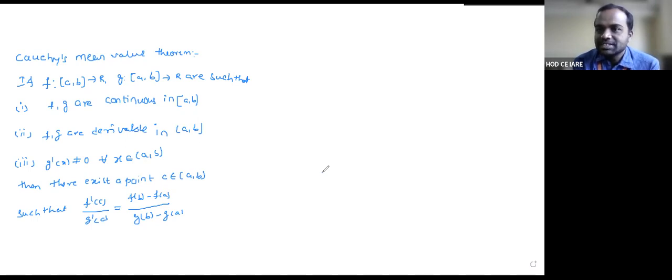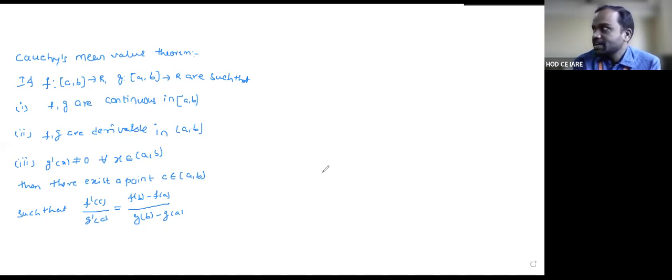The second condition is that it is derivable in the open interval (a, b), and the third condition is f of a is equal to f of b. When these three conditions are satisfied, there exists at least one point c in the open interval (a, b) such that f dash of c is equal to 0. That is called Rolle's theorem.